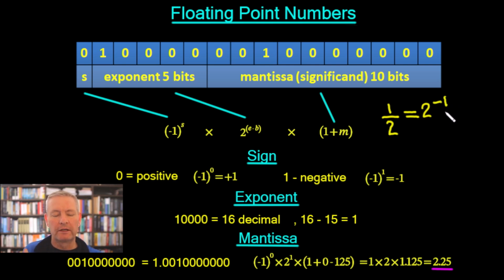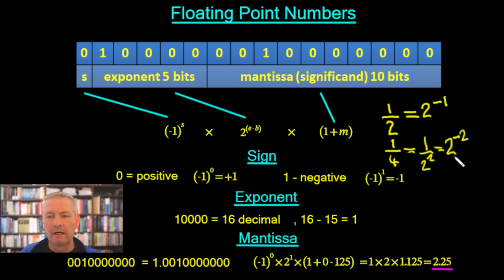So in order to represent the fractional values, we need a set of negative exponents, not only positive exponents. For example, 1 upon 4 is the same as 1 upon 2 squared, which can be written as 2 to the power of minus 2.